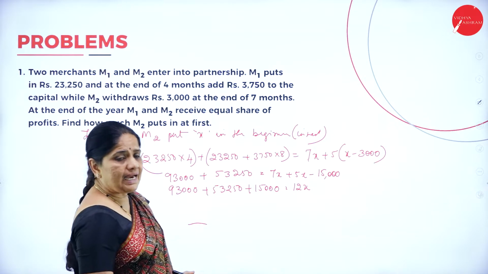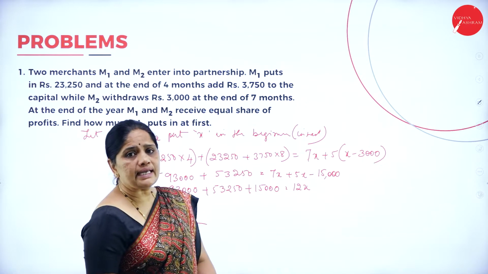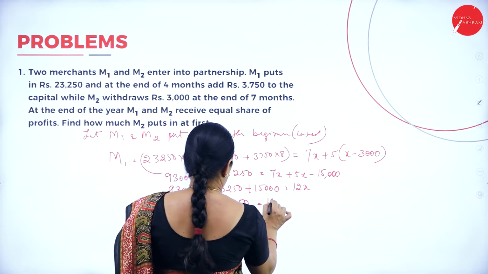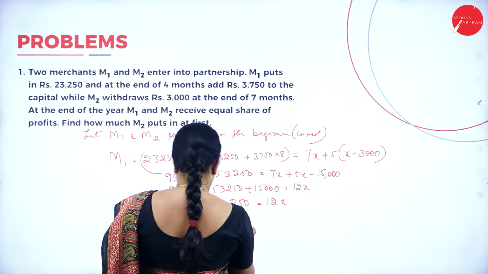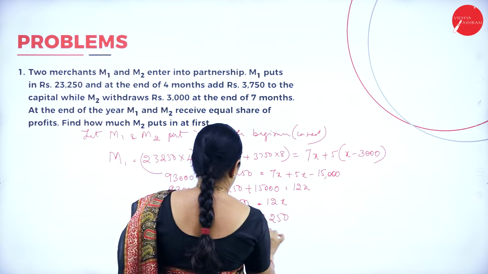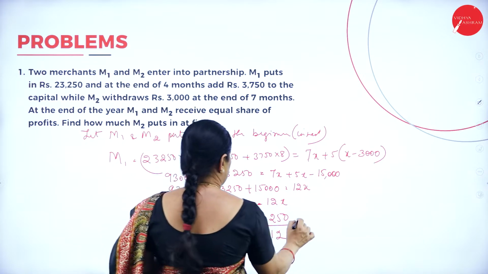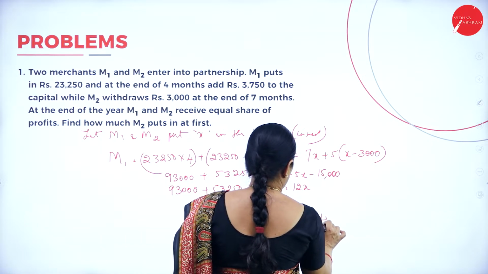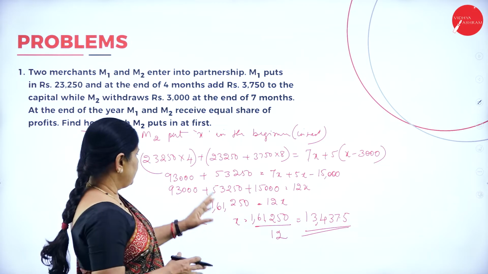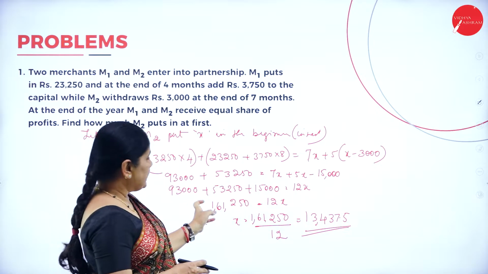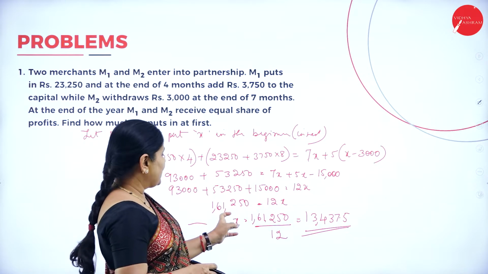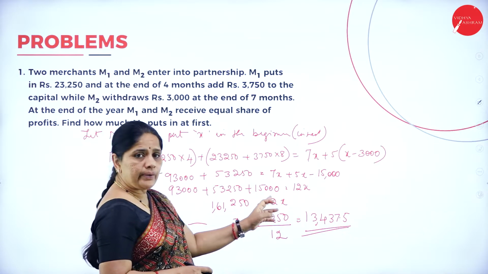Now I add all this. When I add 93,000 plus 53,250 plus 15,000, I get 1,61,250 equals 12x.